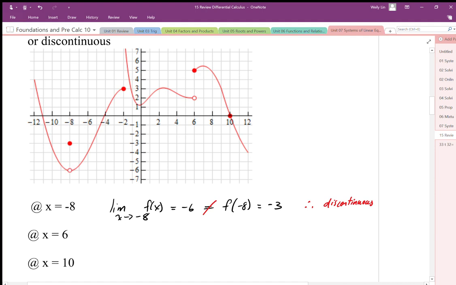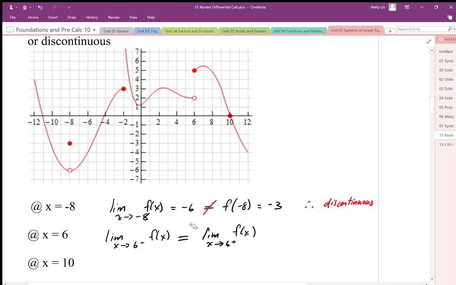At x equals 6, it is discontinuous. Again, we first have to establish that it is discontinuous. We can say that it's discontinuous because the limit as x approaches 6 from the negative side is not equal to the limit as x approaches 6 from the positive side.